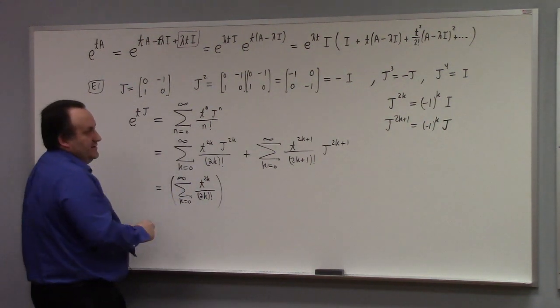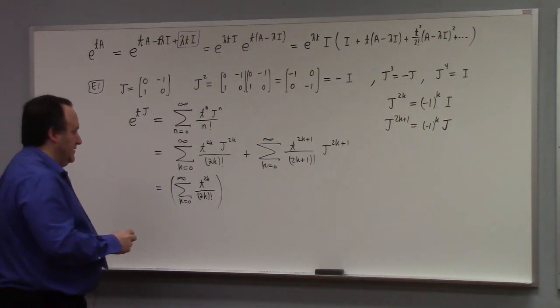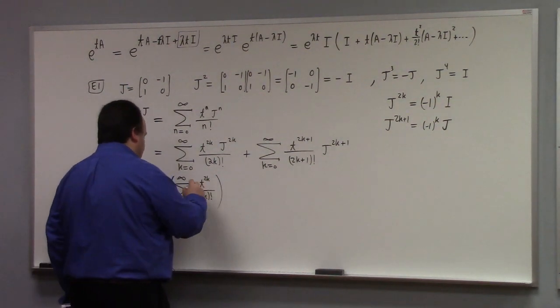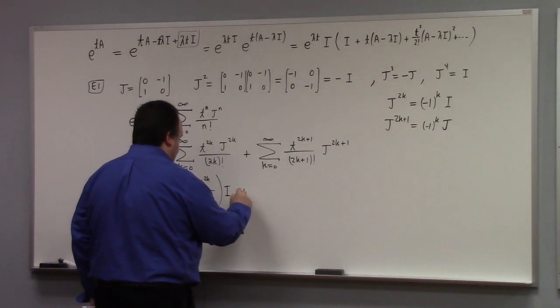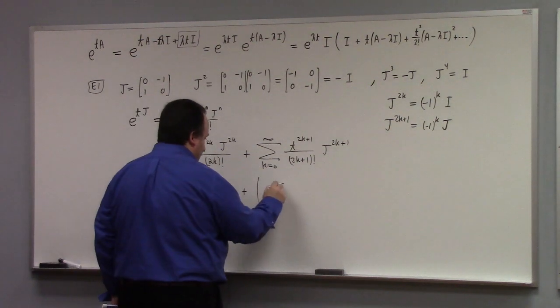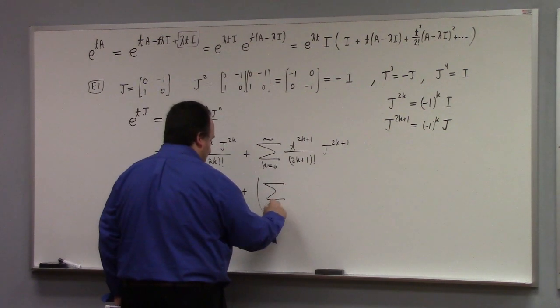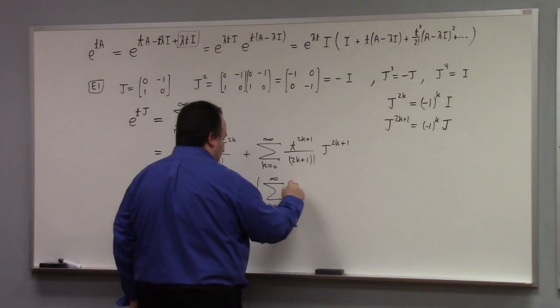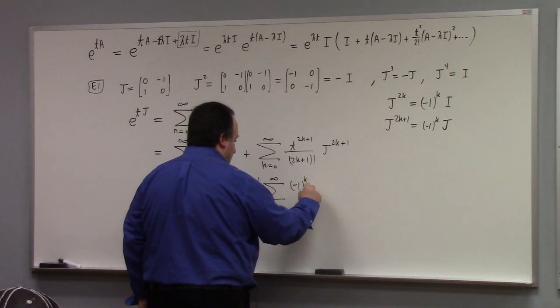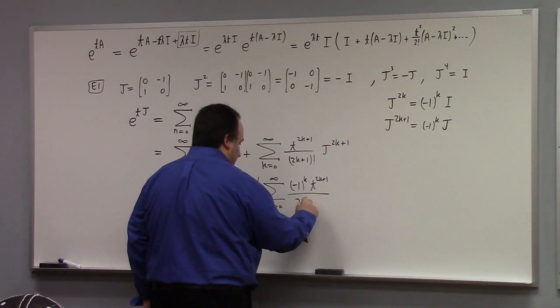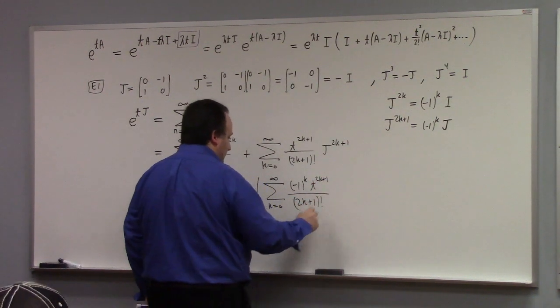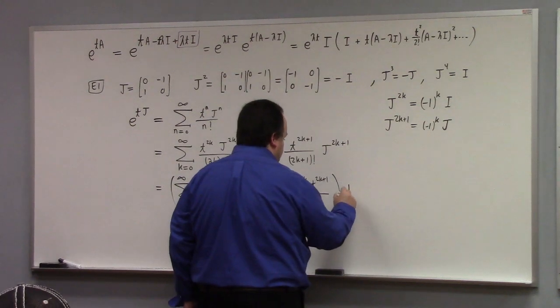We can factor the t to the 2k out, although I can't factor the minus 1 to the k out. That's stuck in here. But I can factor the I out. And then plus the sum k equals 0 to infinity of minus 1 to the k t to the 2k plus 1 divided by 2k plus 1 factorial. I can factor that J out if you think about it, right?